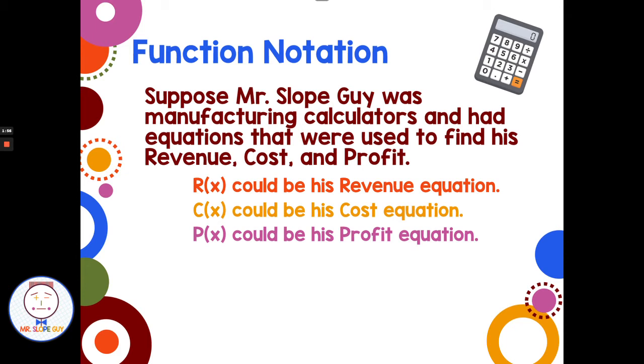Whatever's left is profit. So P of X could be an equation that represents profit. We're just using some letters to represent different equations so we know which equation we're specifically talking about.